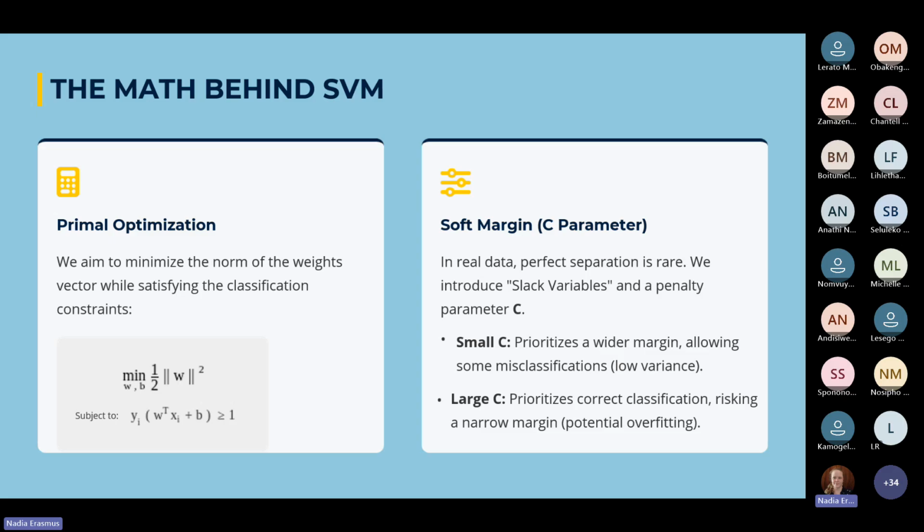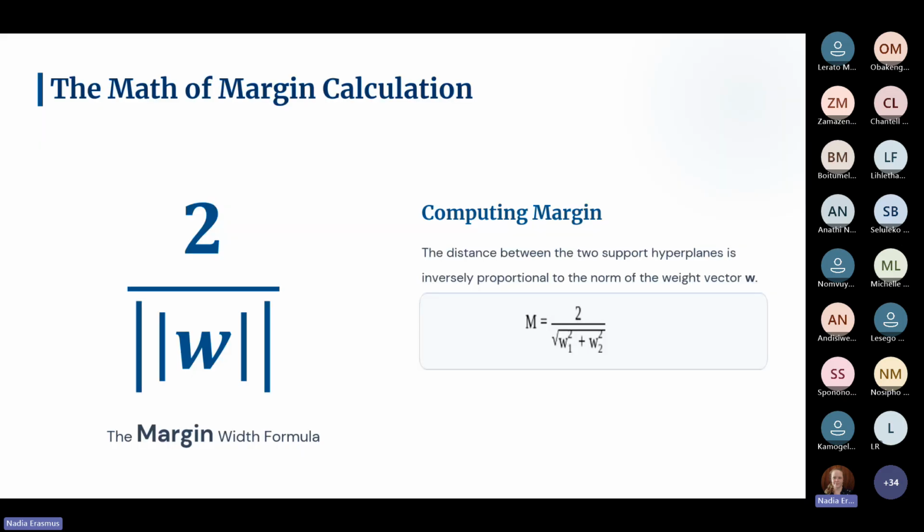So you're going to use this formula. This is going to be the distance between the 2 support hyperplanes. You are given the W, which is your 2 weights, and you're going to calculate this. So this is your margin, and you're going to calculate this value.